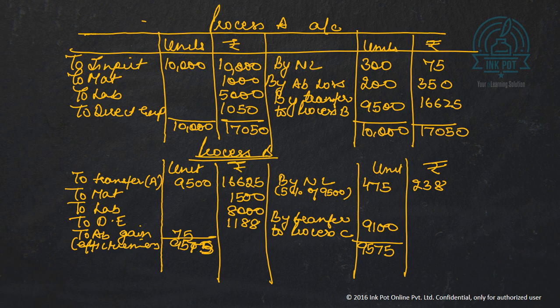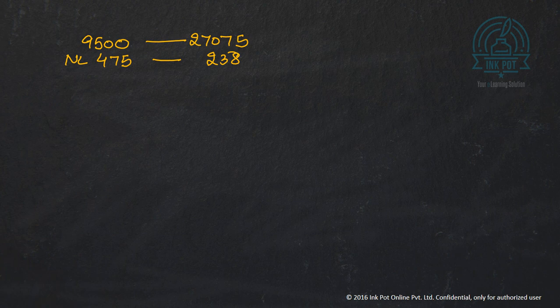So the total is 27313. 27313 minus 238, you will get 27075, and here you will get 9025, right?